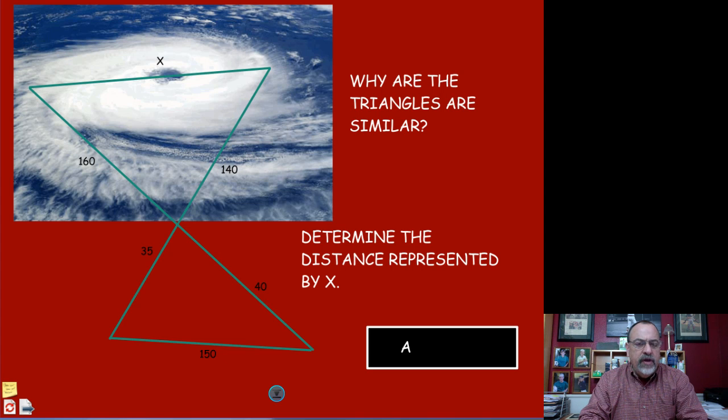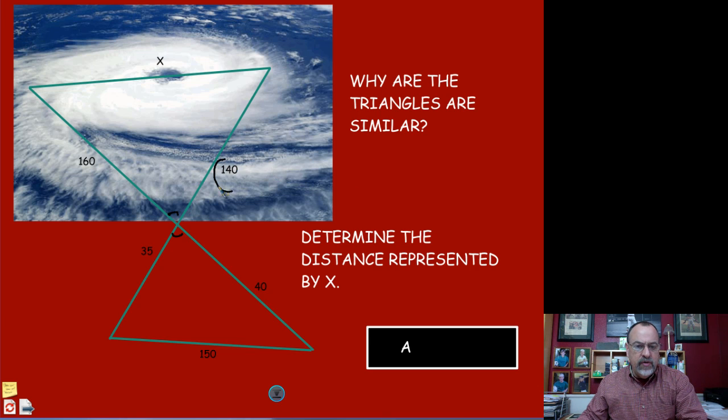Now in this first problem we have a satellite image of a storm, and let's say we want to know how far it is across this storm. So we can set up these triangles, and if these triangles are similar, then we can use a proportion, use the similarity ratio between the two to figure out the missing value. So I know that this angle here in this triangle and this one here in this triangle are equal because they are vertical.